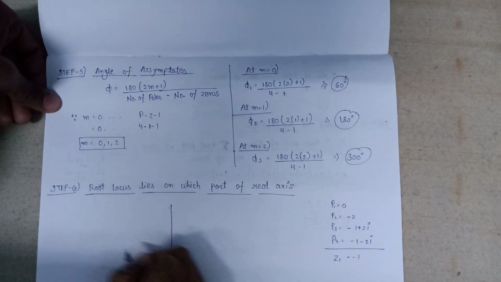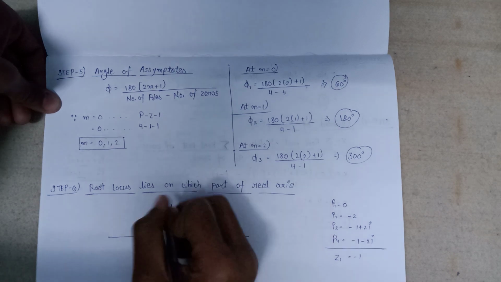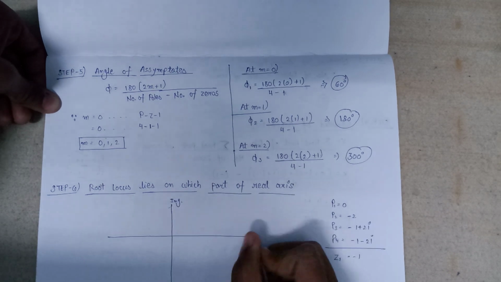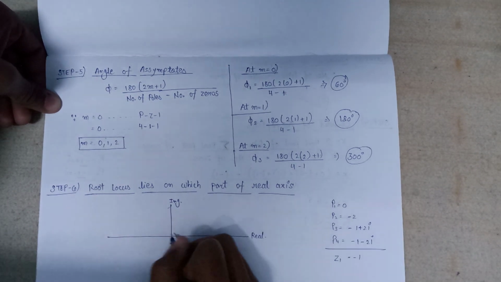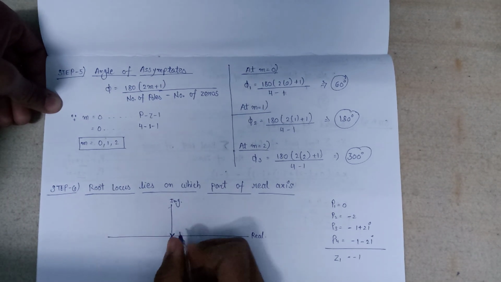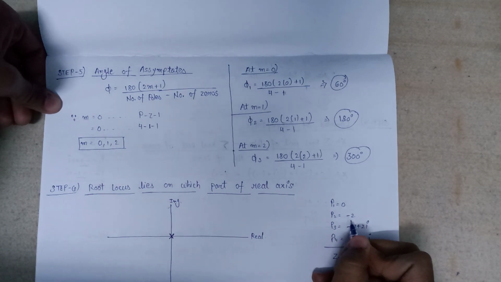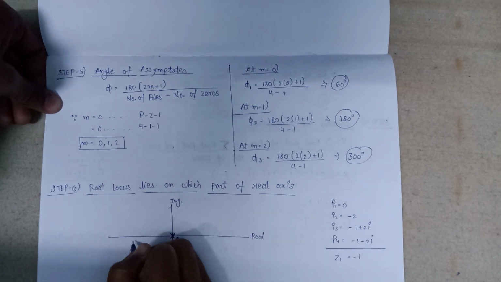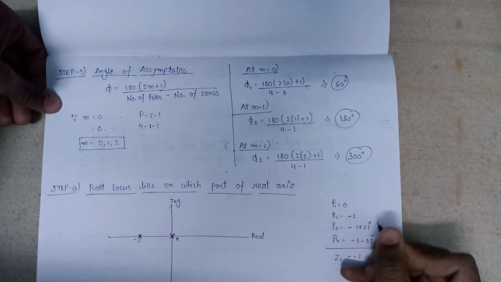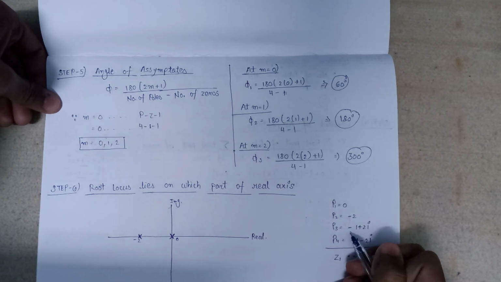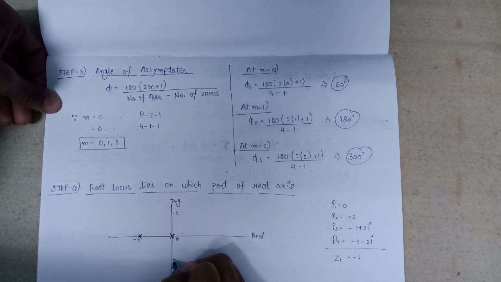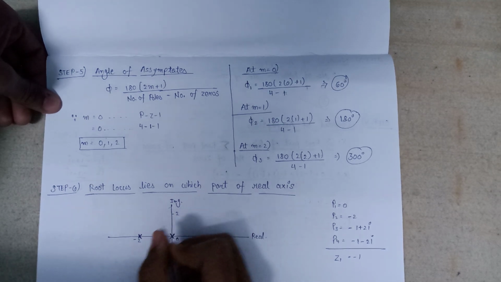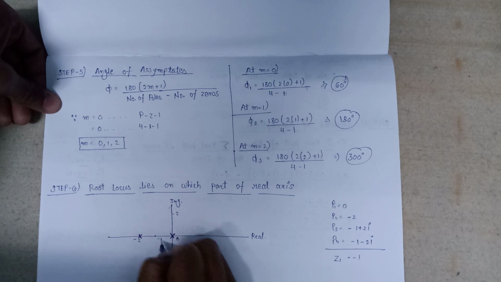For this we have to plot the S-plane. This is the imaginary axis, this is the real axis. At s equals 0, here is pole P1. At s equals minus 2, here is pole P2. At s equals minus 1 plus 2 iota, here is 2, here is minus 2, here is minus 1.